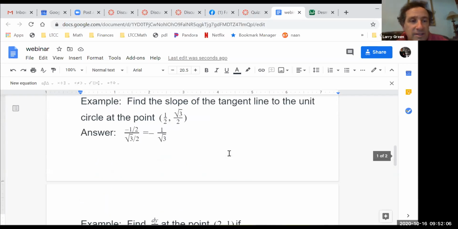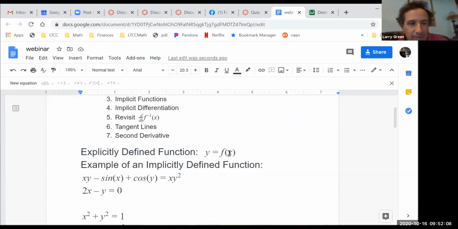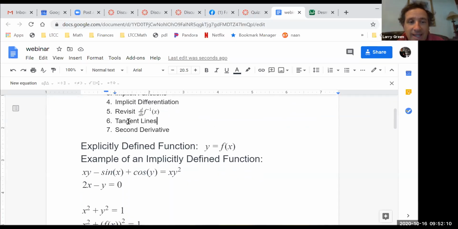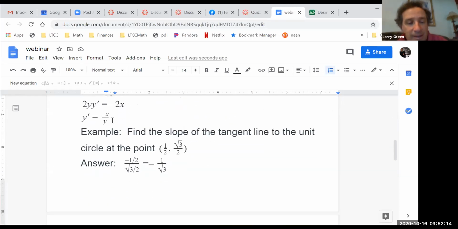Okay, so just to let you know where we are, the next thing is tangent lines. Okay, and that's really no big deal. So let me just do an example.